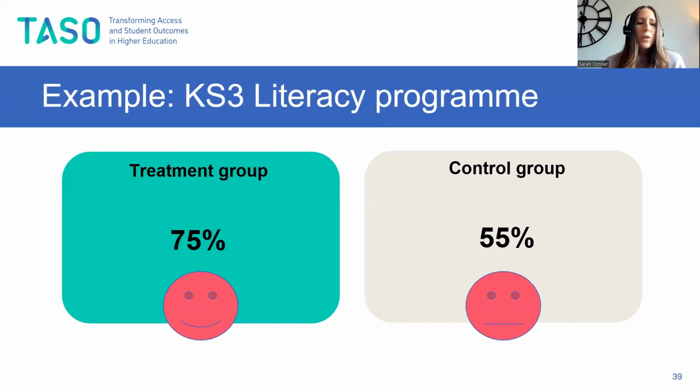We can then attribute that improvement in English test scores to the actual literacy program, because we know there are no key differences between the groups, and anything else that could explain an improvement in English test scores is going to have been balanced out across the treatment and control. So that's the beauty of randomization.